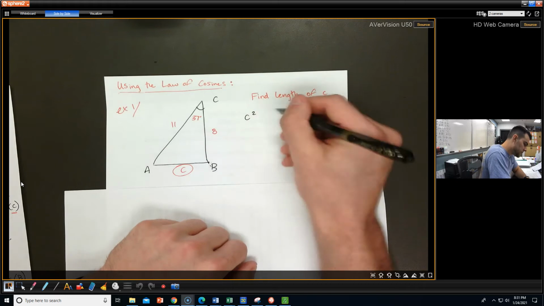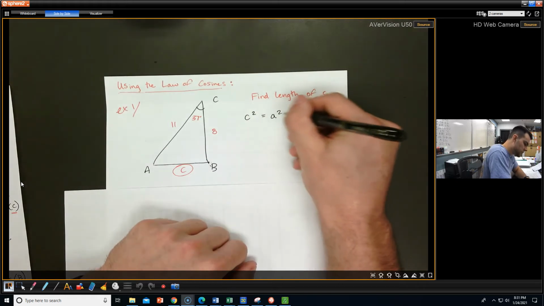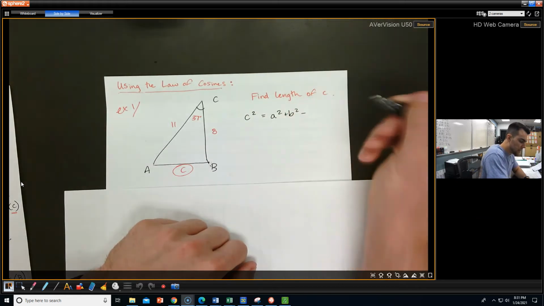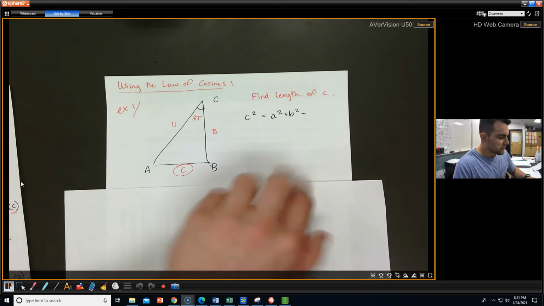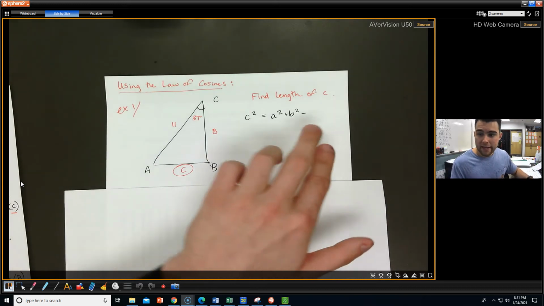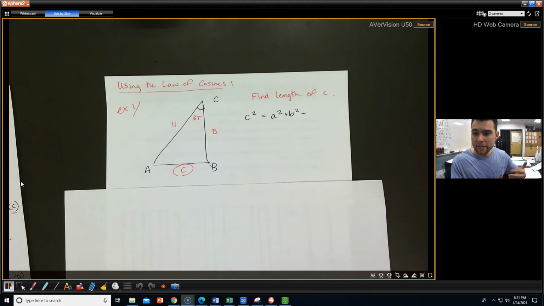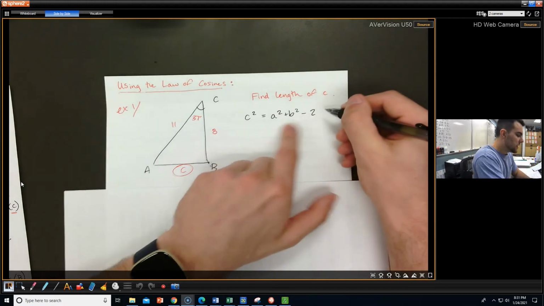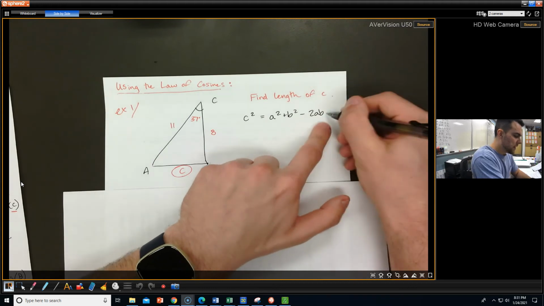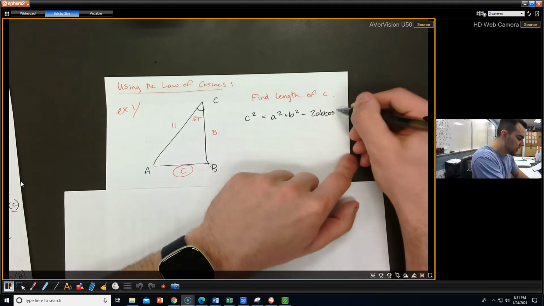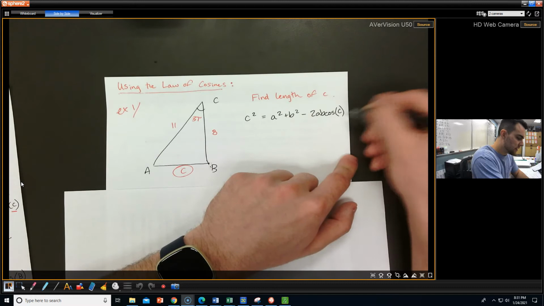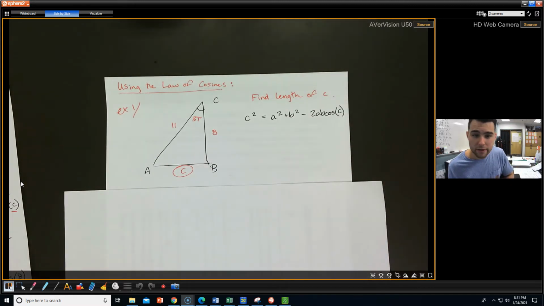C squared is equal to A squared plus B squared minus 2AB cosine of whatever, that associated angle. It's basically the Pythagorean theorem with an extra term. That's probably the most confusing part about this, so be mindful of that.